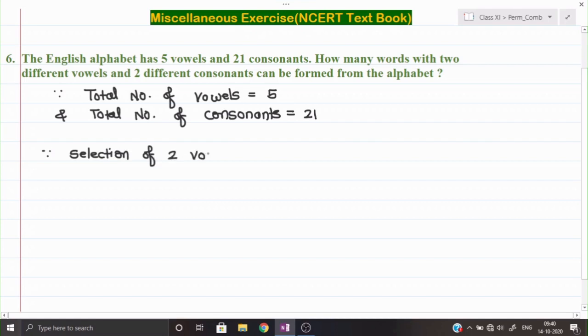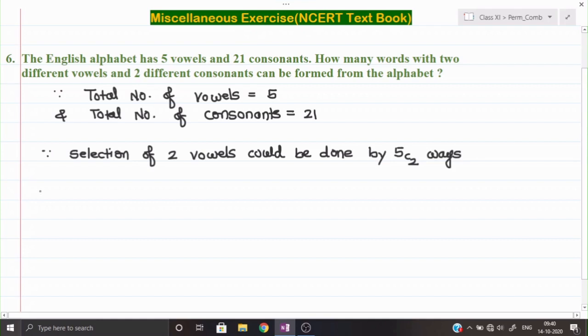Okay, since selection of two vowels could be done by 5C2 ways. I have explained to you earlier how 5C2 is coming.